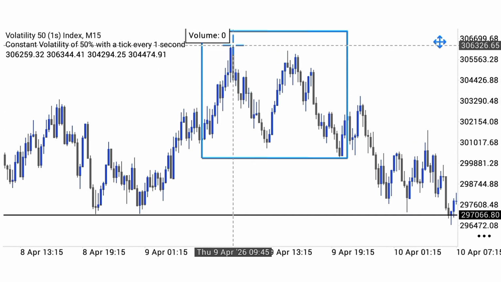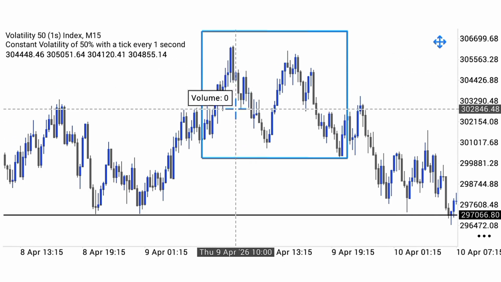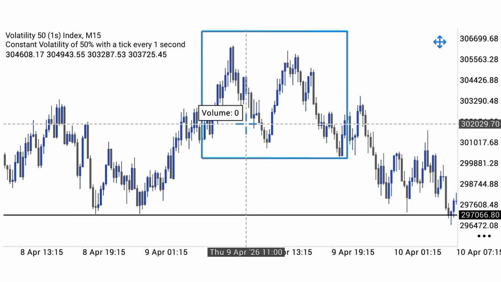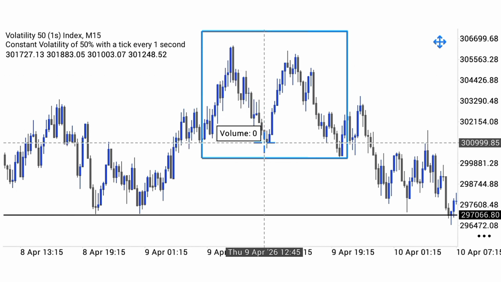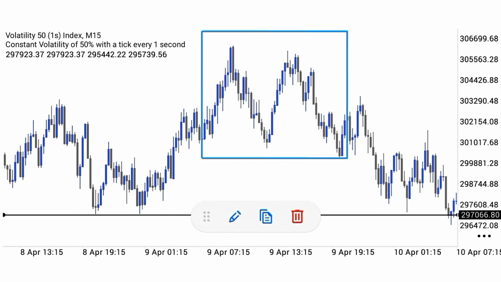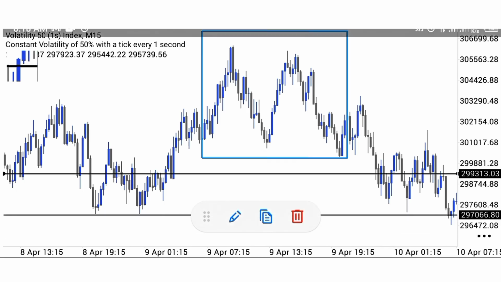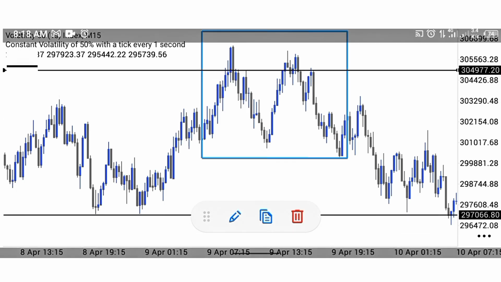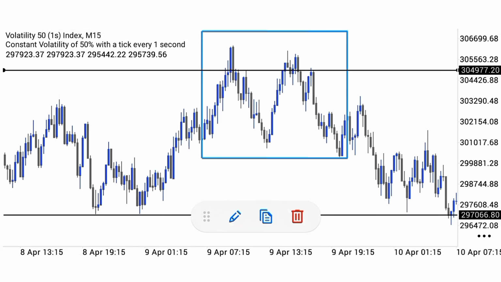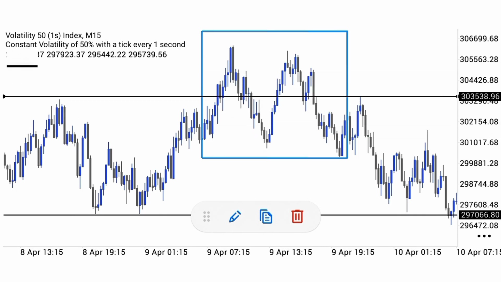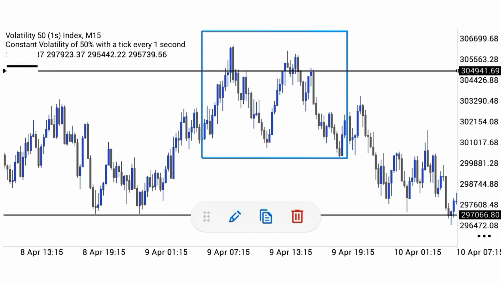So here we have a high, we have a low, we have a lower high, and then we have a lower low here. That means we can now draw our line at this point.